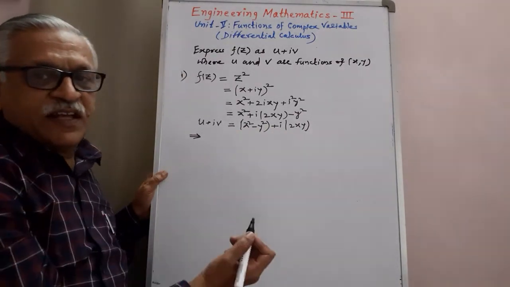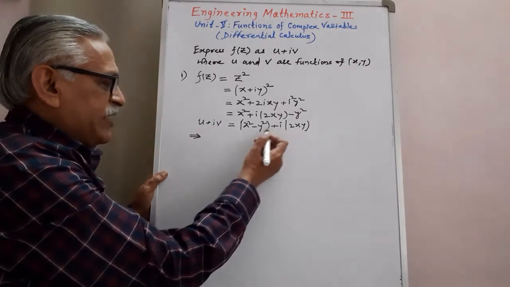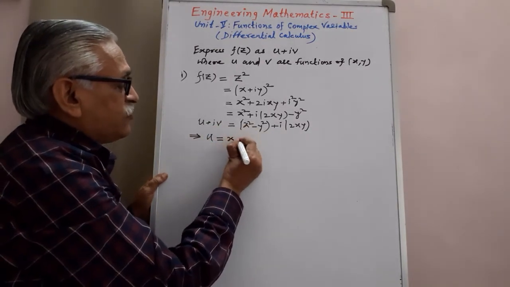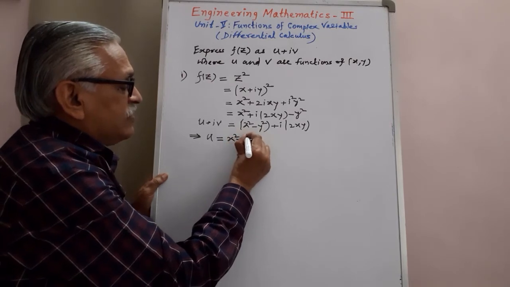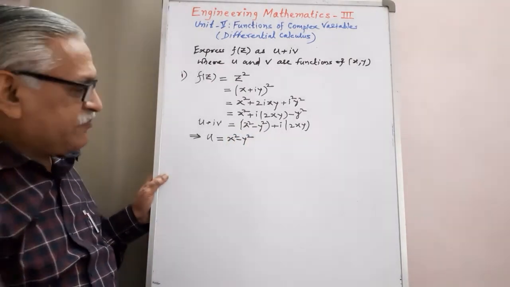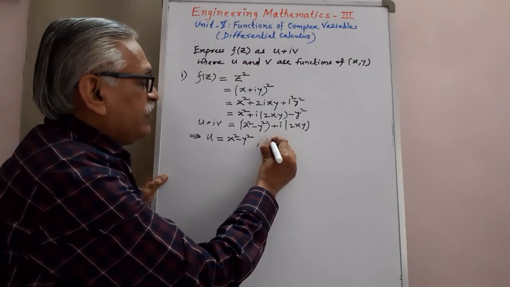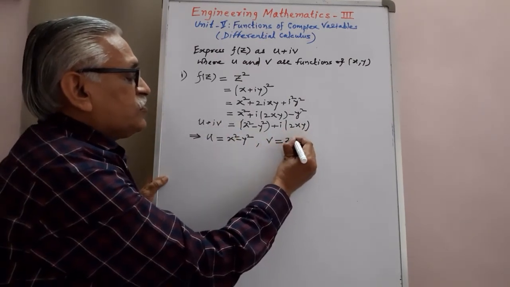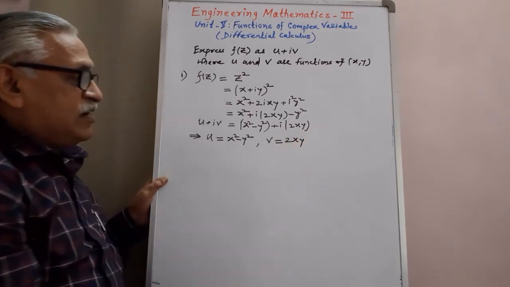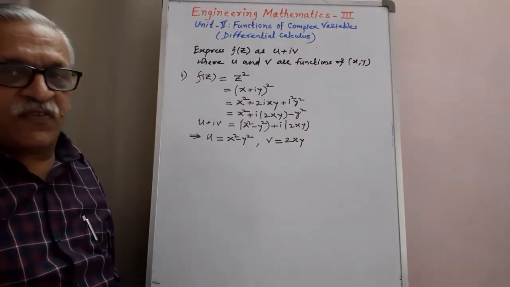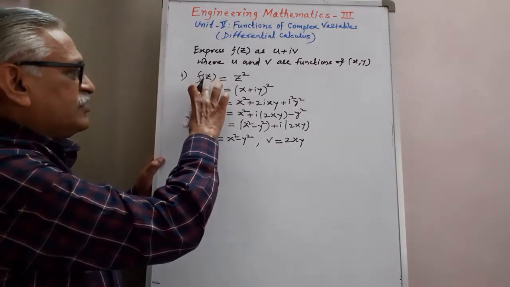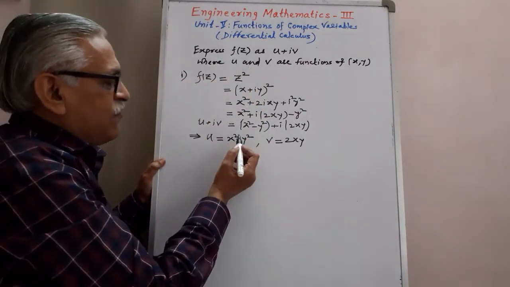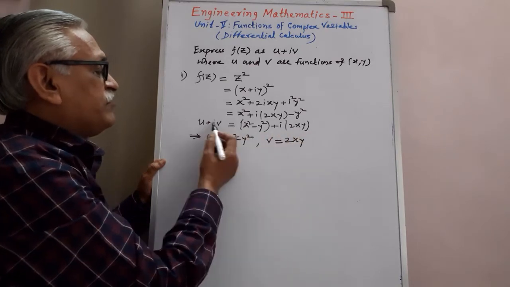Sign of equality is there, therefore comparing we get real part u equals x square minus y square, a function of x and y, and imaginary part v equals 2xy, also a function of x and y. Like this, I have converted the given function in the form u plus iv.